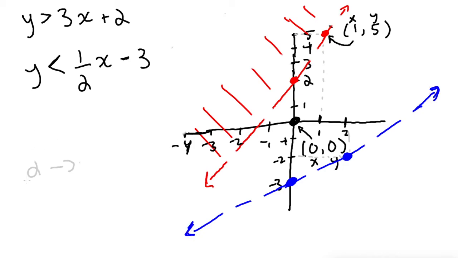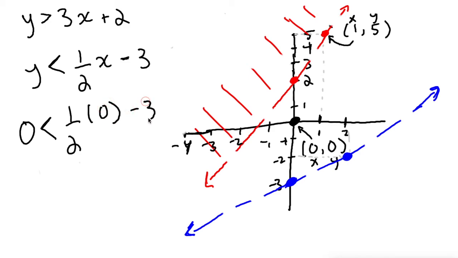Now to figure out where we're going to shade, we have to get a test point again. I'll make a test point, and I like to use 0, 0. So let's put in the 0 for the x and the 0 for the y. So the y right here will be 0, and that's going to be less than 1/2 times x. X is 0, so I'll put my 0 down. And then we have minus 3.